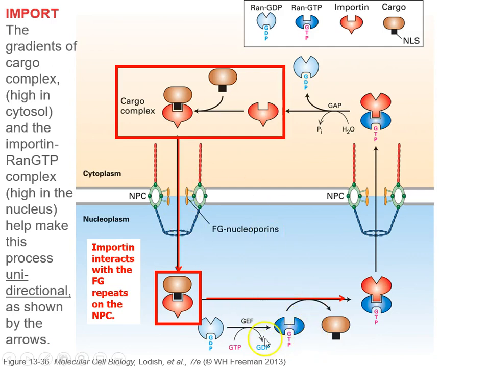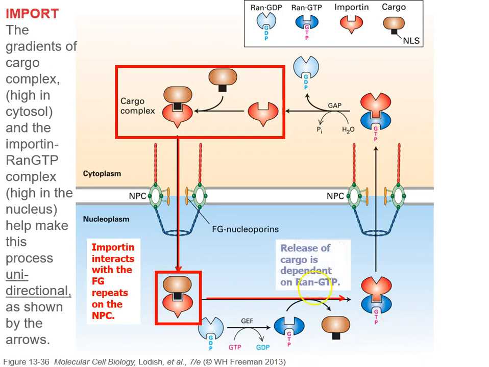There are conformational changes, and one of the things that happens is that you release your cargo, and the cargo will go off and do whatever it does. Maybe it's a histone protein, so it needs to bind to the DNA. Now importin's job is to get the RAN GDP back.